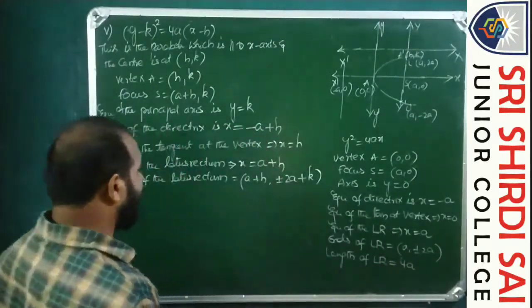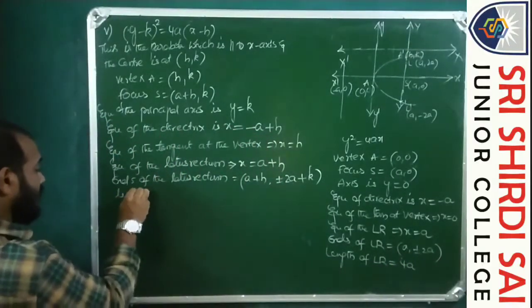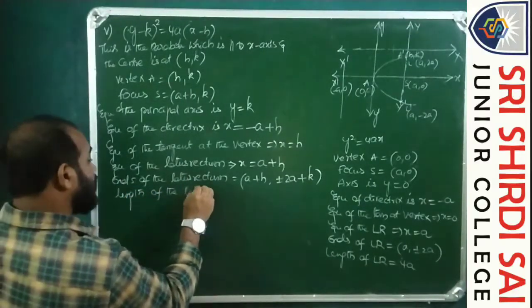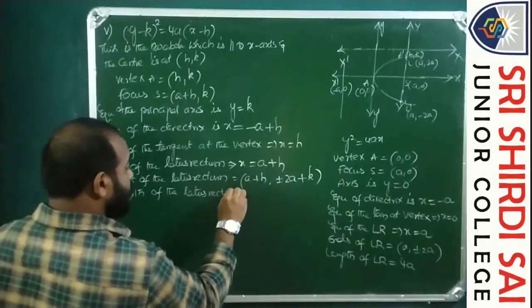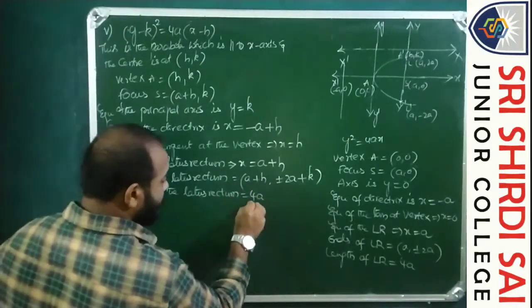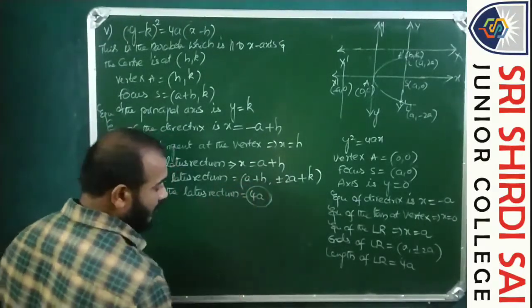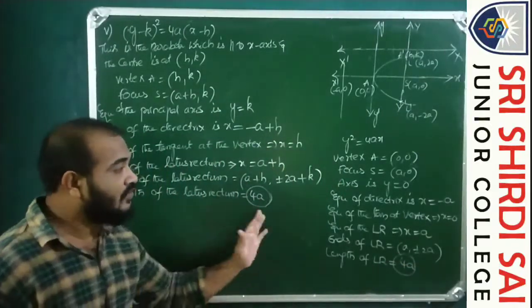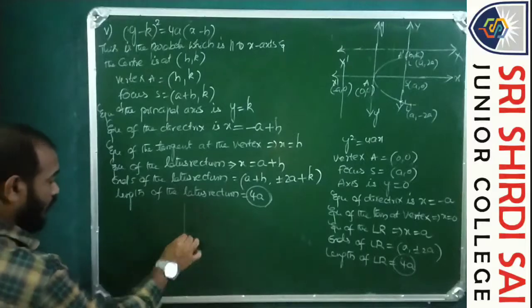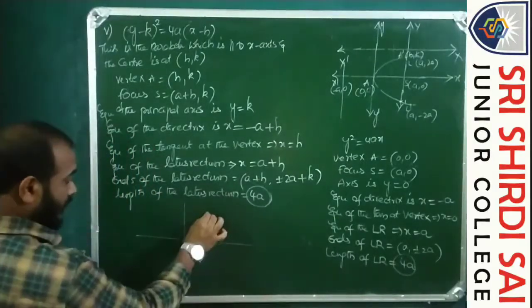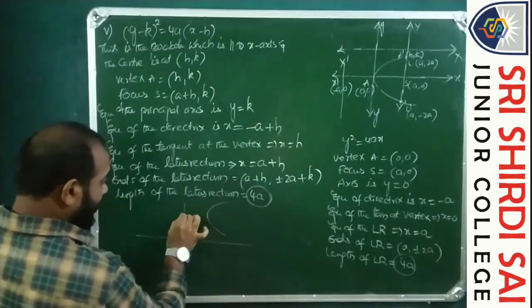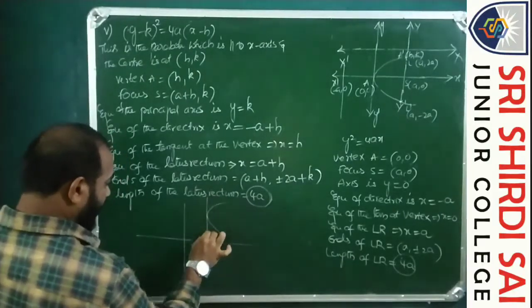And the length of the latus rectum is equal to 4a. So the length is not going to be varied; the lengths are the same. So the diagram of this will now be this. This is our parabola.